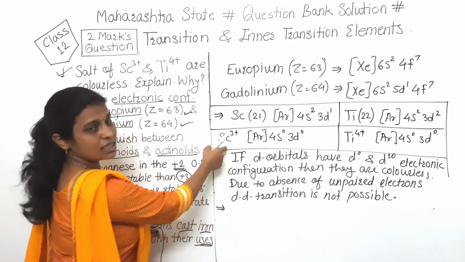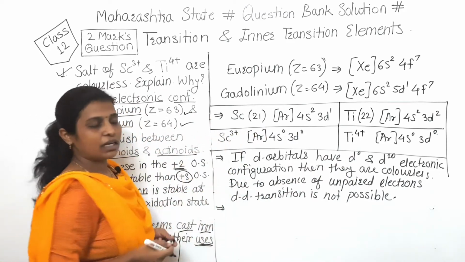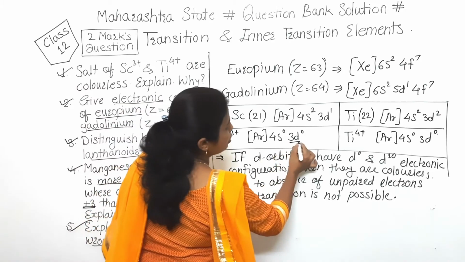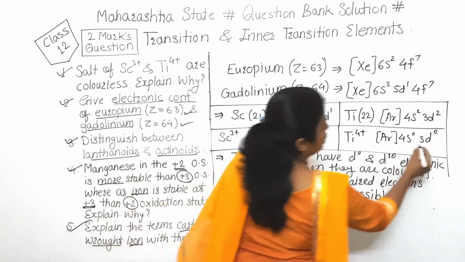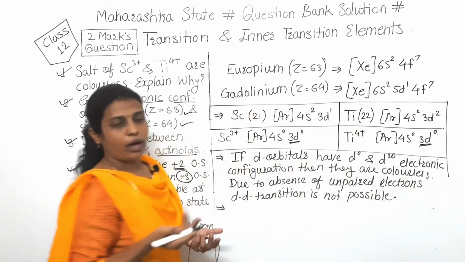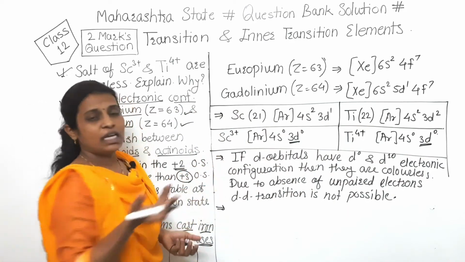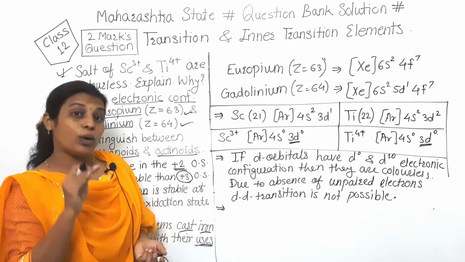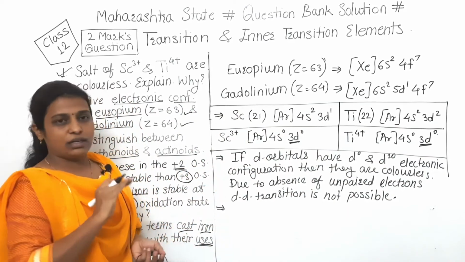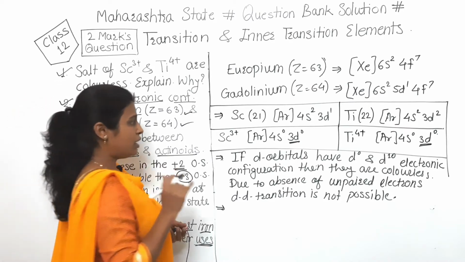Next, if we consider scandium 3+ and titanium 4+, in that case also they have electronic configuration of d0, and as we have discussed in the first point, there is no unpaired electron, so dd transition is not possible, so they are colorless.